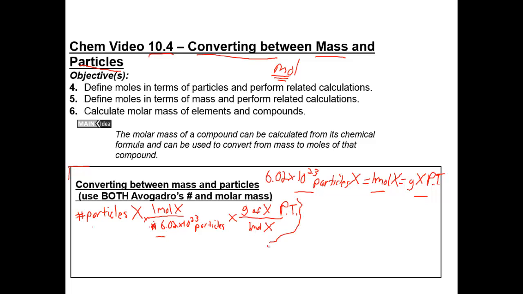Or just the opposite, we could start out, if you know the amount of grams of, say, X, you could take that and go from grams of X on the periodic table, PT, over 1 mole of X, and then from there you could multiply that by 1 mole of X over 6.02 times 10 to the 23rd particles.